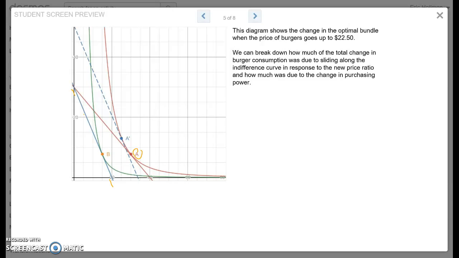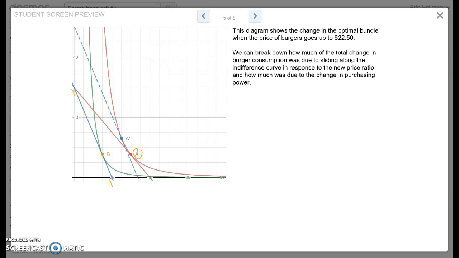So to identify the size of the substitution effect for burgers, what we're going to do is we take the new budget constraint and we draw it so it's tangent to the original indifference curve. So that's the dotted blue line here. We took the new budget constraint with the new steeper slope and we drew it so that it's tangent to the original indifference curve.